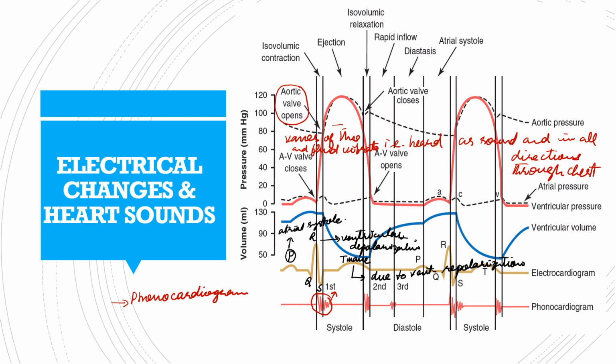When the aortic valve closes and pulmonary valve closes, then appears second heart sound, and one hears a rapid snap because these valves close rapidly.